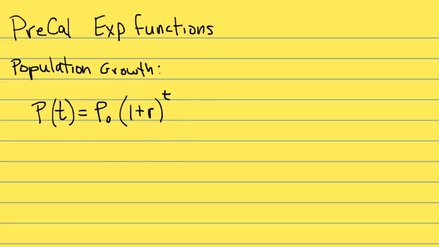In this case, it's only compounding one time, and that's not optional. You can talk about population growth, population decay, bacteria growth, anything that relates to exponential growth or decay can be described using this formula. The compound interest formula is a little bit more complicated.